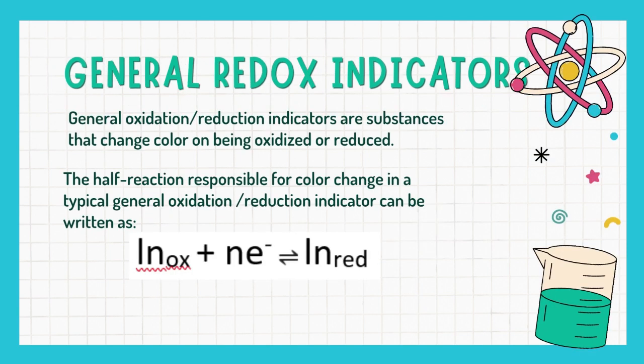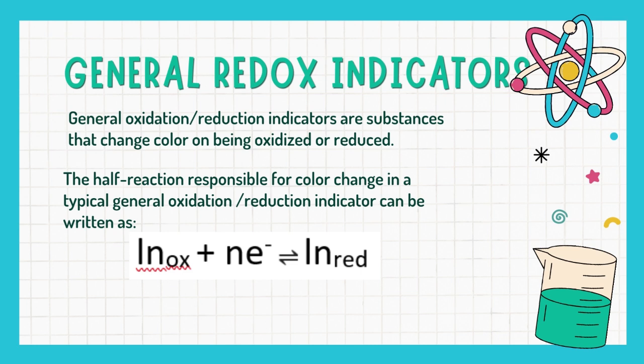General oxidation reduction indicators are substances that change color on being oxidized or reduced. In contrast to specific indicators, the color changes of true redox indicators are largely independent of the chemical nature of the analyte and titrant, and depend instead on the changes in the electrode potential of the system that occur as the titration progresses.